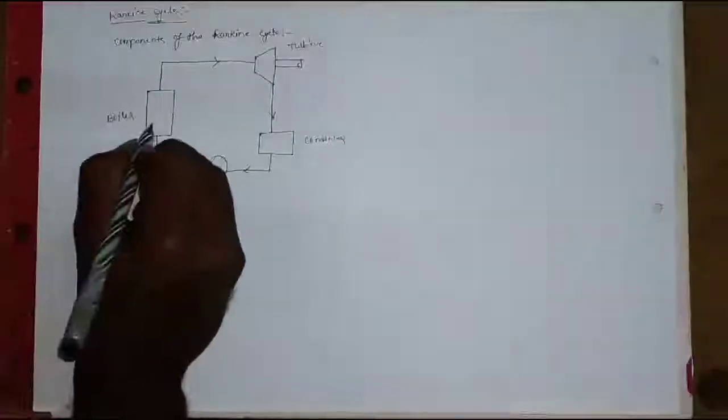So now in the boiler, water is converted into steam where the pressure is high and the temperature is also high because heat is added. So that's why the temperature will increase.